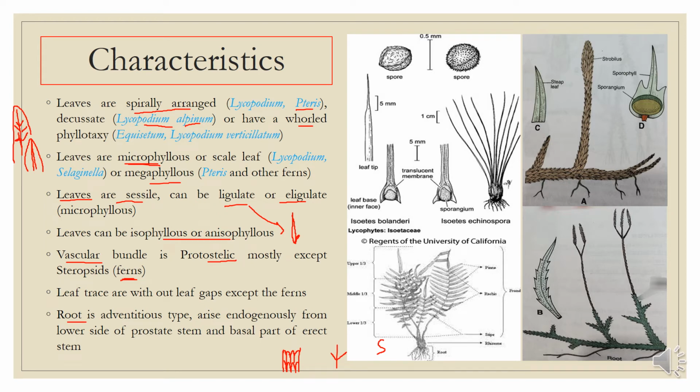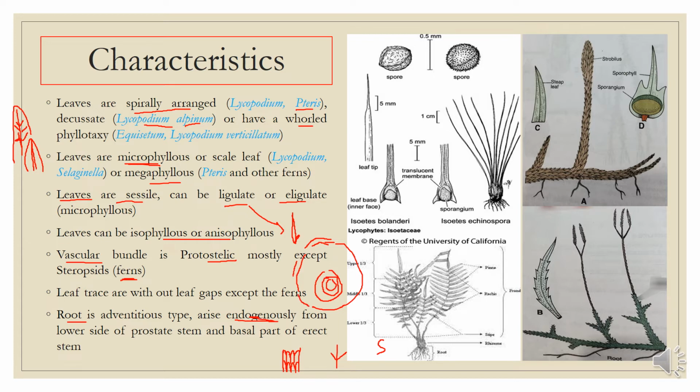The root also has a protostelic organization, and the roots appear endogenously. For example, this is the stele, and this is the pericycle, and this is the endodermis that I am drawing, and this is the cortex, and mind my bad drawing, but this is the epidermis.